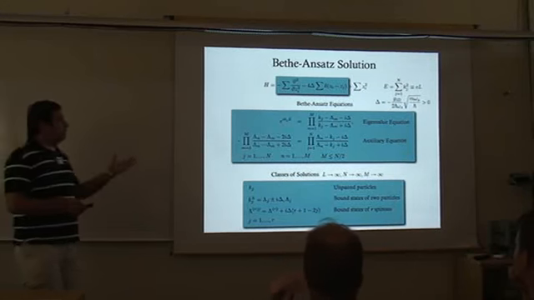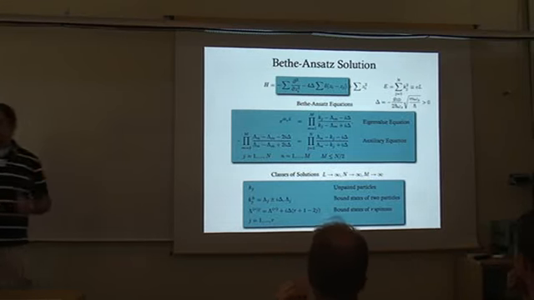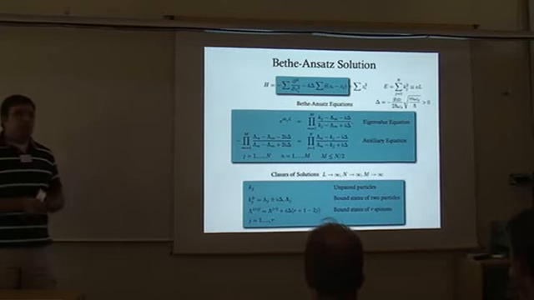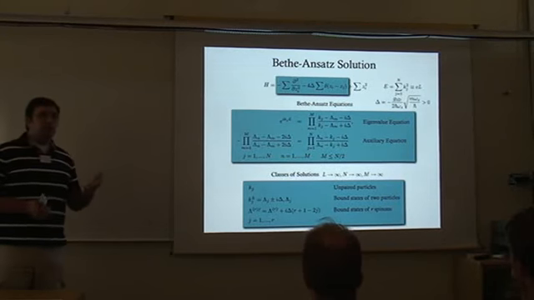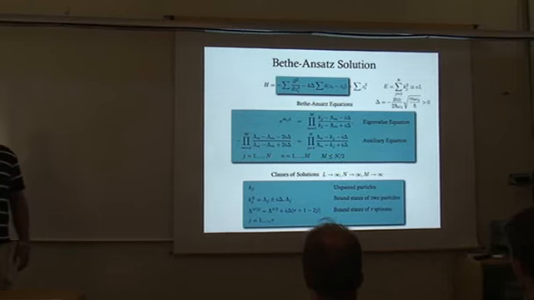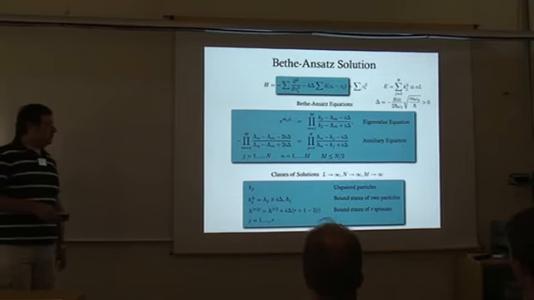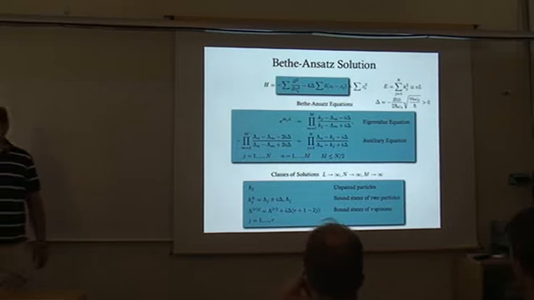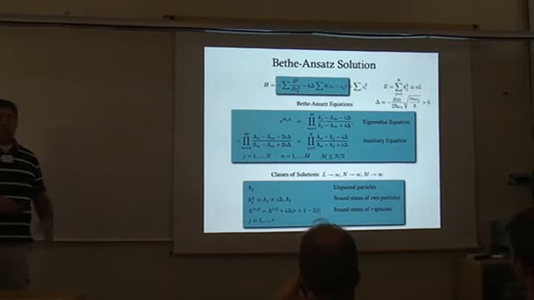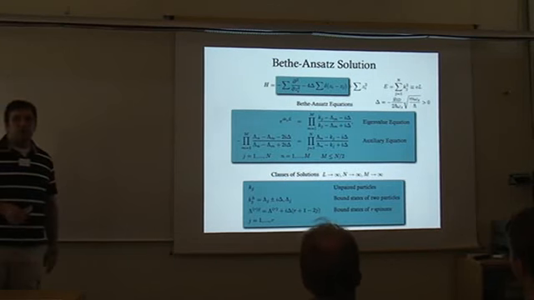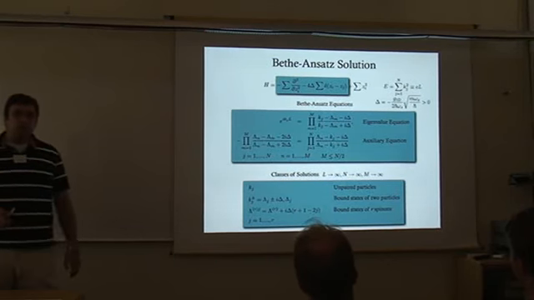And one needs to analyze these equations and find out what kind of solutions they accommodate. So these are three types of solutions, or three types of excitations in the system. These are unpaired particles, these are bound states of two particles, and these are the spin excitations. And if one looks closely, the spin excitations are the same as in the Heisenberg spin chain. So these are exactly the same type of excitations that you get in the Heisenberg model.